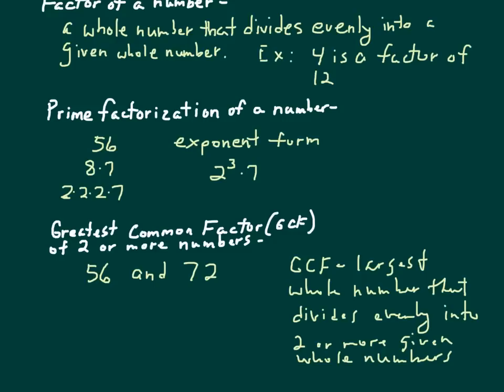So when we say we're looking for the greatest common factor of 56 and 72, we want to find the largest whole number that divides evenly into both 56 and 72.